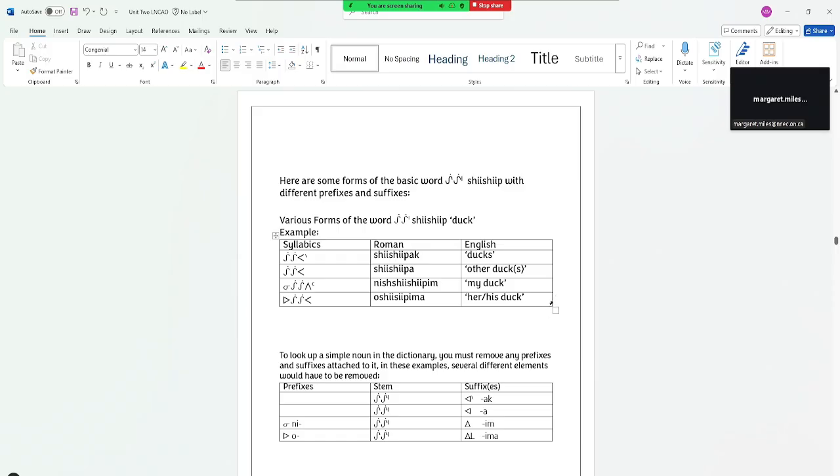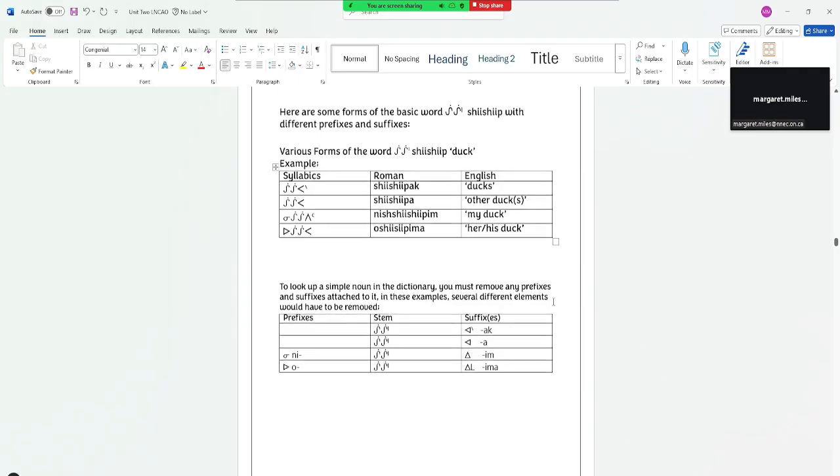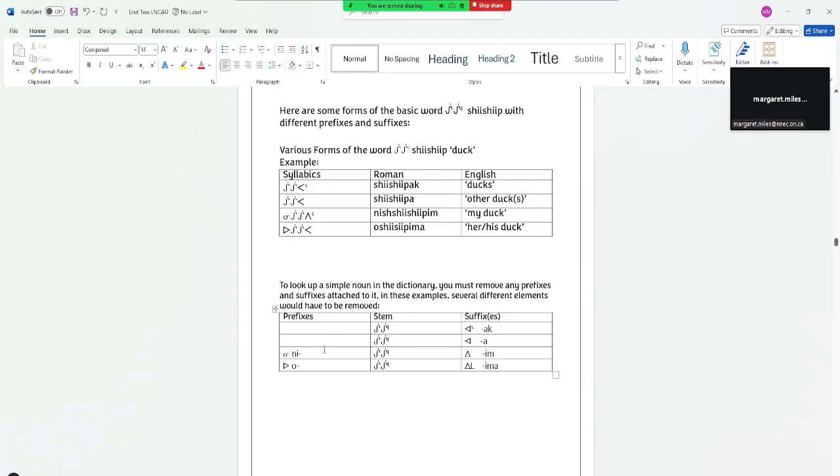Again, here's an example. Ni and o that are added in front of the word are called a prefix. And you could see the syllabic writing. Ni, o. And the stem is shishib.